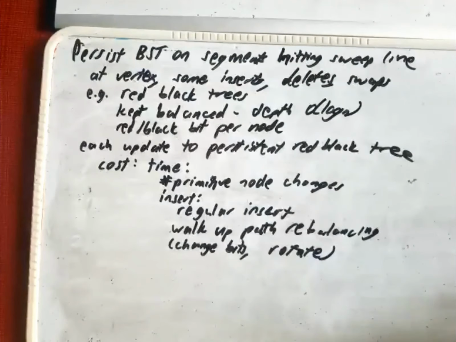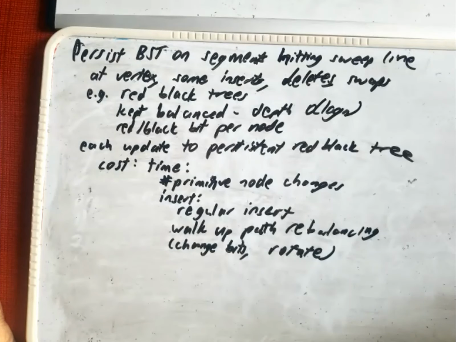And each of those actions, a change of a bit or a rotation, involves a constant number of pointer changes, which from a persistent data structure perspective represents a constant number, right? It means that we're going to spend a constant space and constant time, okay? But since it's a balanced tree, there are only order log n such changes.